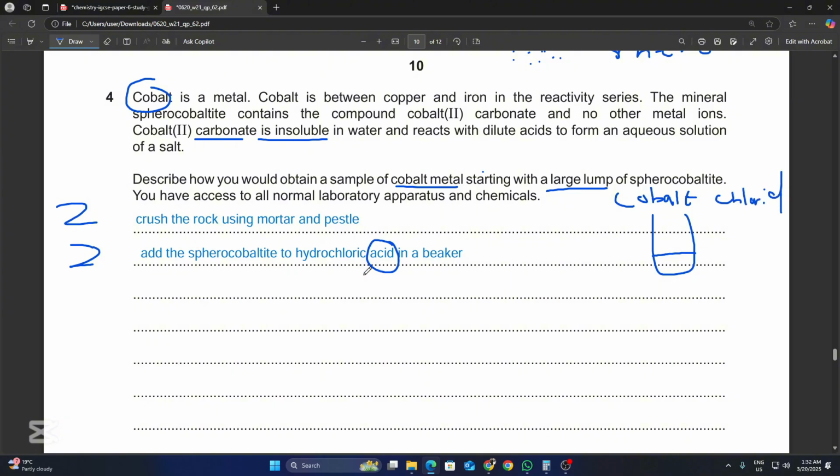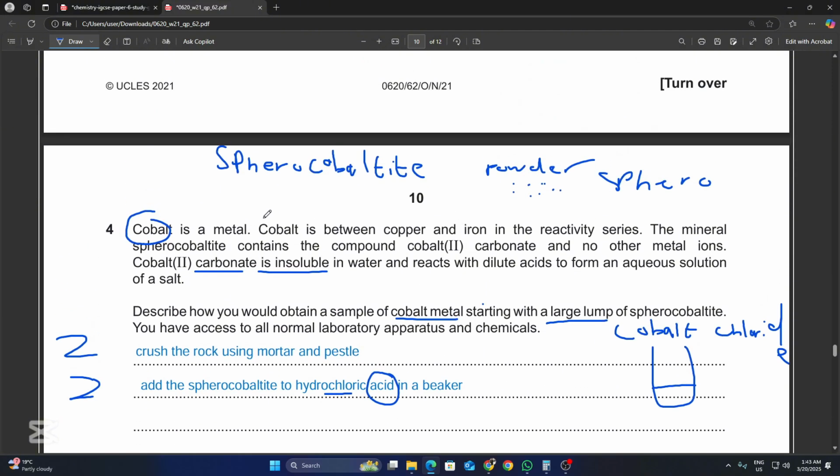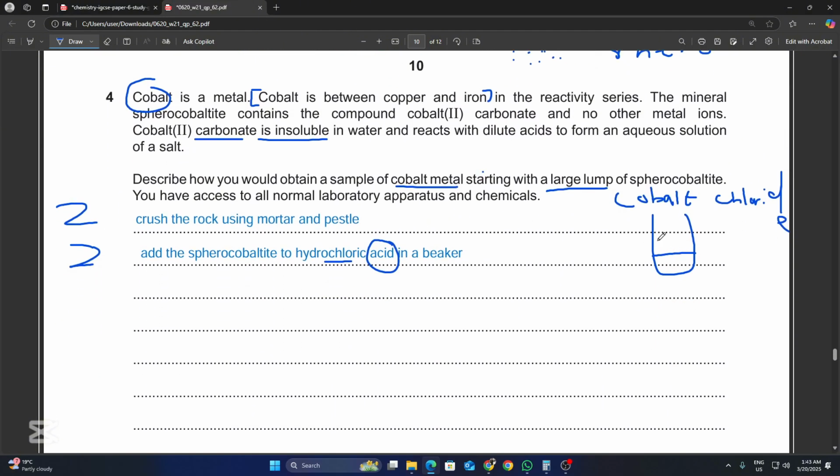Now you have to pay attention: it says cobalt is in between copper and iron in the reactivity series. What we want to do now is remove the chloride and make cobalt on its own. That's our goal.